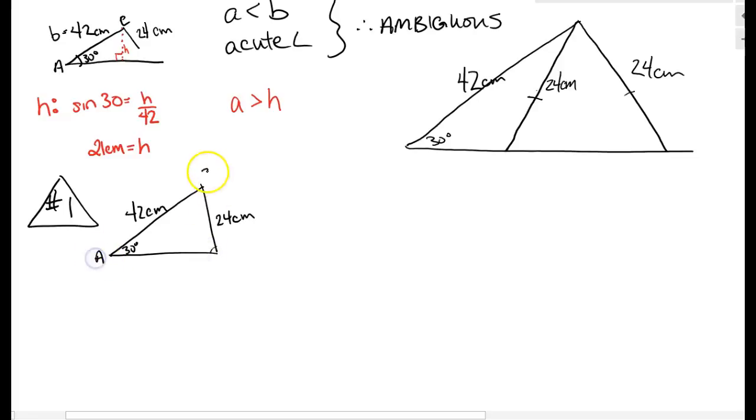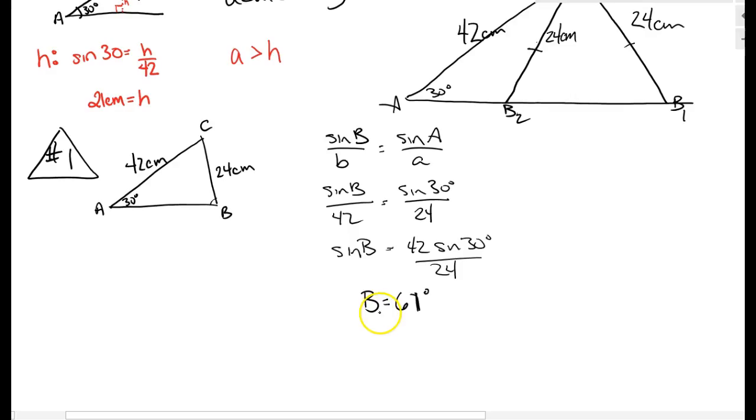Okay, so we had A, C, B. So we're going to solve for angle B. And so when we do that, we've got sine B over B equals sine A over A, and we're going to plug and check. So angle B for triangle 1 is 61 degrees.